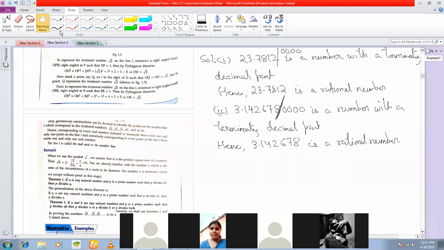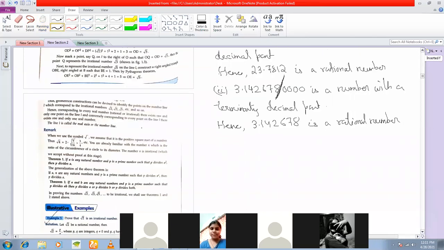Now we come to the recurring decimal parts. How to convert recurring decimal numbers to fractions. The question here is, show that, I'll just do the first one for today and continue with the others tomorrow. There are 5 parts to this question.